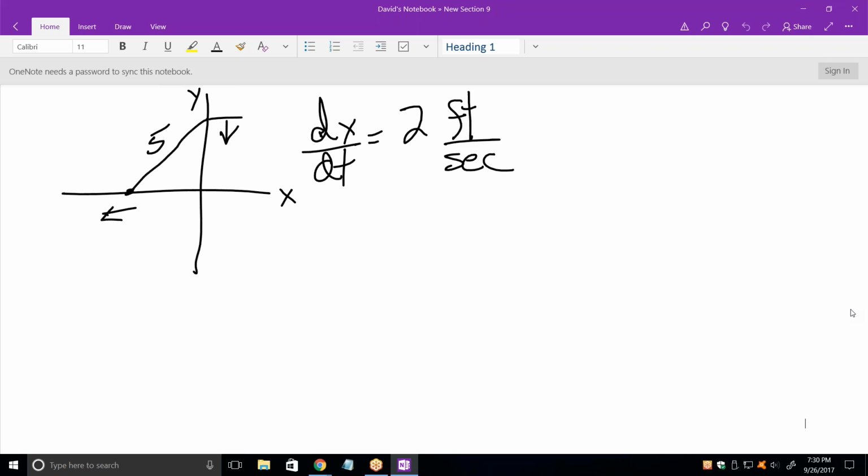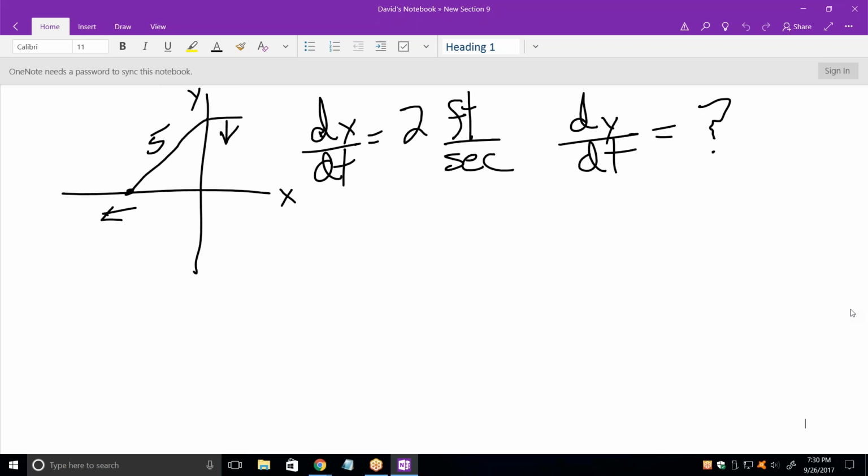This is one of the simpler related rate problems. But this is where you really see the advantage of implicit differentiation. And their question is, what is dy dt? They want to know what the top of the ladder is doing. And so that's what we're looking for. And we want to know it.